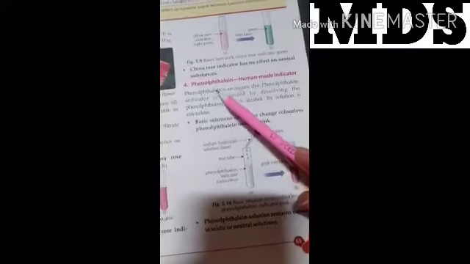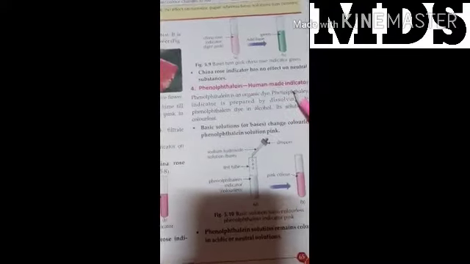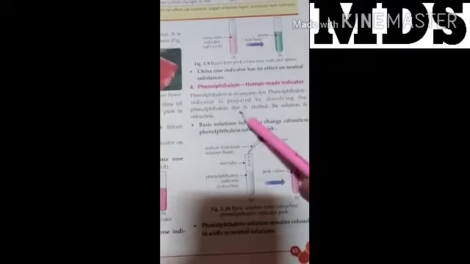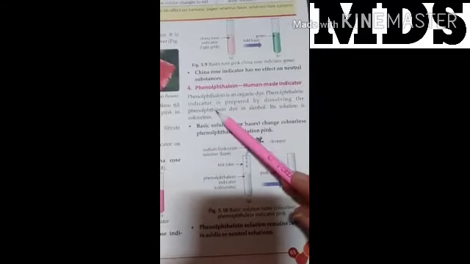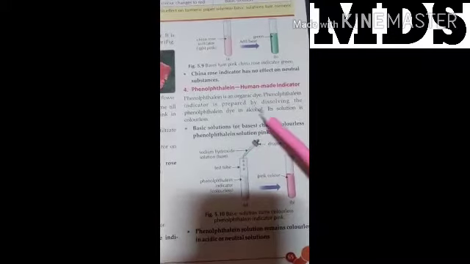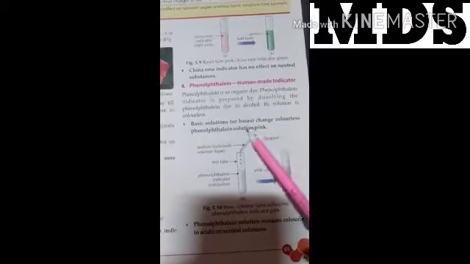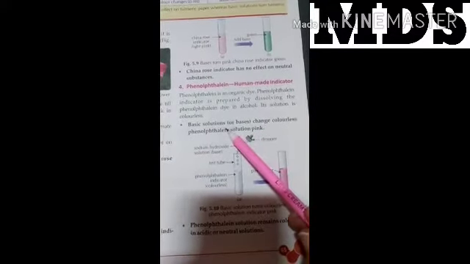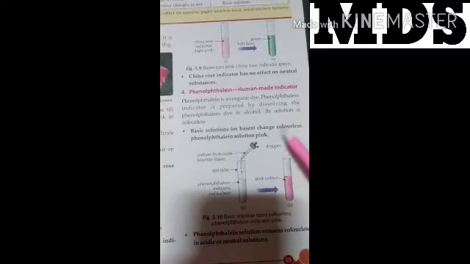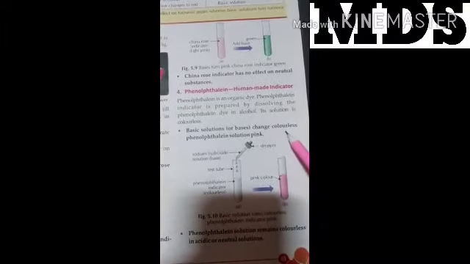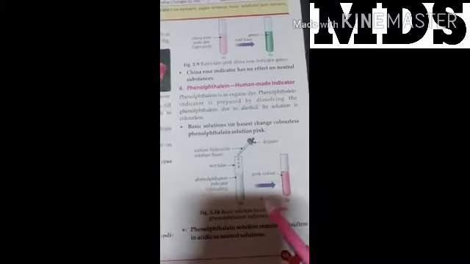Now phenolphthalein, which is a man-made indicator. This is an organic dye. It is prepared by dissolving phenolphthalein dye in alcohol. Its solution is colorless. If we take a basic solution, it will change the colorless solution into pink in color, like this one in the picture.